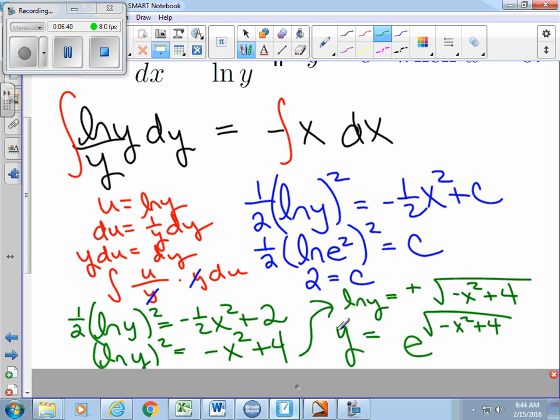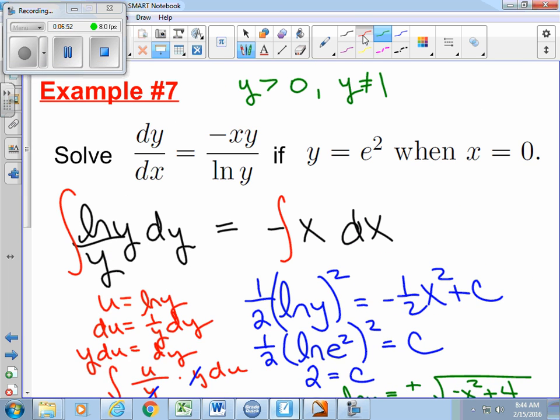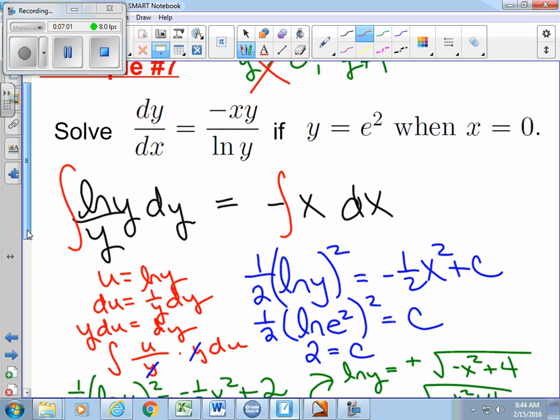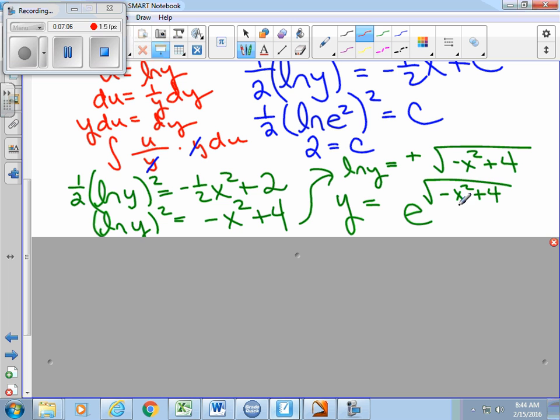One thing that's nice is, is e to any power ever 0 or negative? So is y ever 0 or negative? So I don't actually have to do any work to compensate for that. Y is just greater than 0. I don't have to worry about it. So that's nice. So now I just have to focus on y not being 1 and this inside being positive. What would make y equal 1? If this thing were 0.